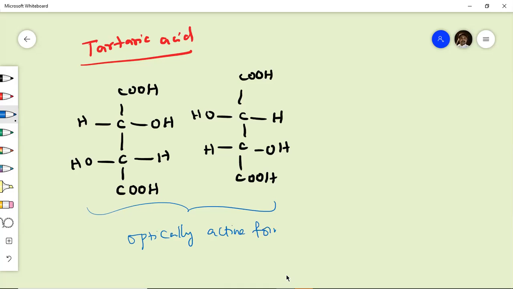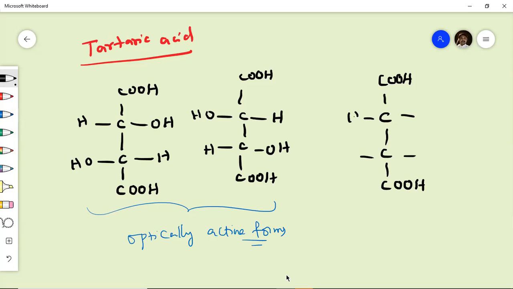Whereas, if you see this tartaric acid in a different manner like this, now I am showing here, what will happen to these hydrogen atoms and OH groups when you draw a line of symmetry like this.